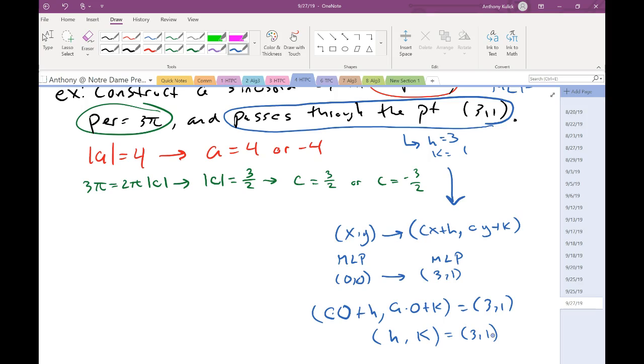Now, this is the even better part: if I've chosen that point (3, 1) to be a midline point on sine, is it going to matter whether the A's and C's are positive or negative? Does the sign of A and C affect the period or amplitude?